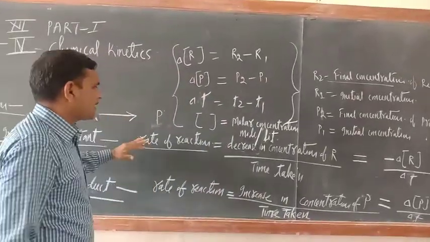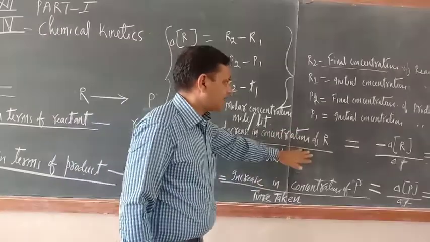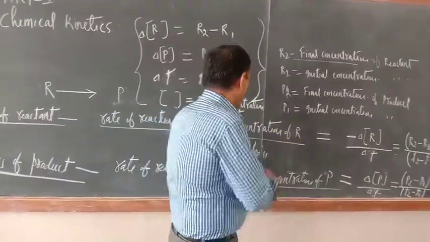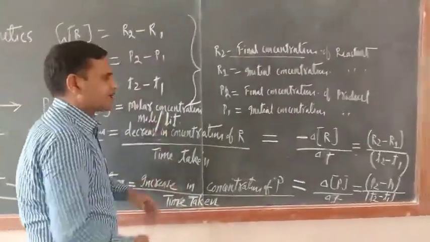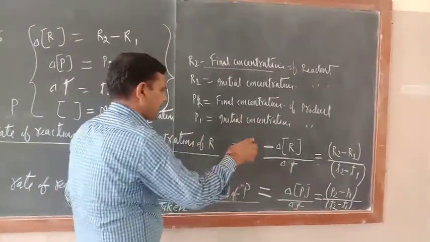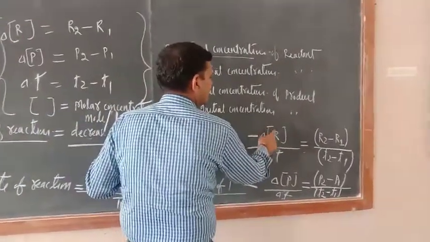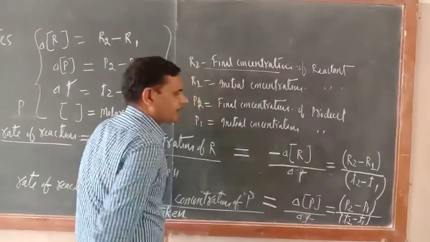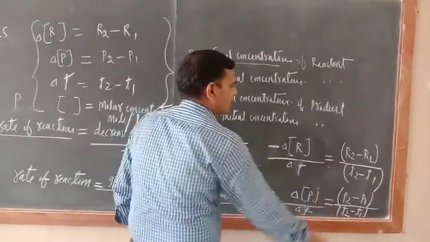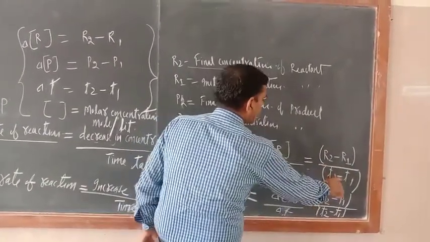Now just see this one, decrease in the concentration. Already you have learned this. Now if I put these values in these equations, what are we getting? Just see. We can write decrease in the concentration, so this is molar concentration R divided by time, that is equal to R2 minus R1 divided by P2 minus P1.